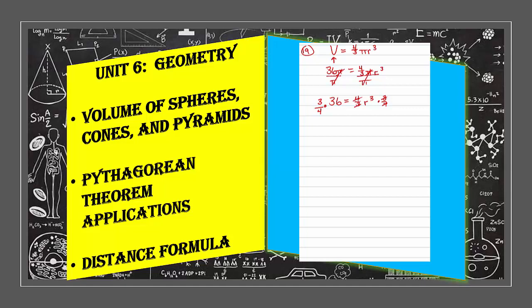Where 36 divided by 4 gives me 9. 9 times 3 gives me 27. So we end up with 27 is equal to r cubed. In order to get r by itself, we take the cube root of r cubed and the cube root of 27, and we identify r to equal the value 3.